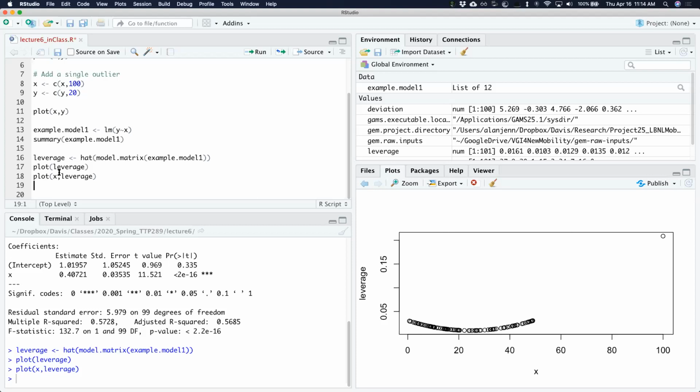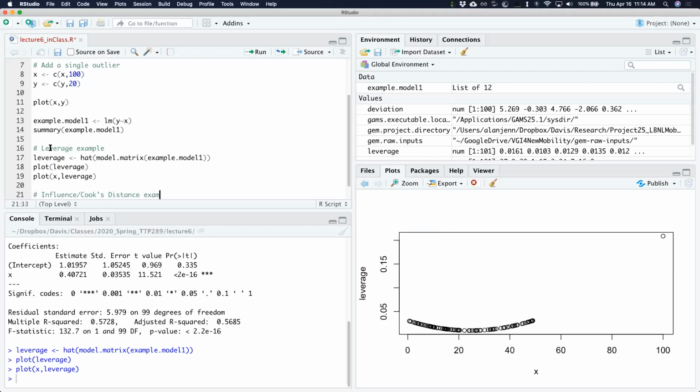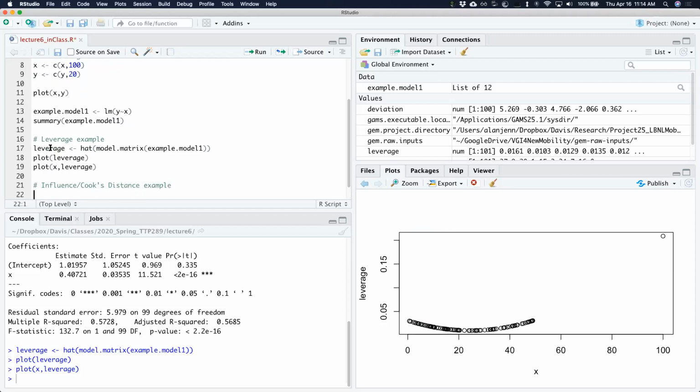Okay. So that is our example of identifying outliers through leverage. Let's look at an influence / Cook's distance example. So this one's pretty straightforward as well.